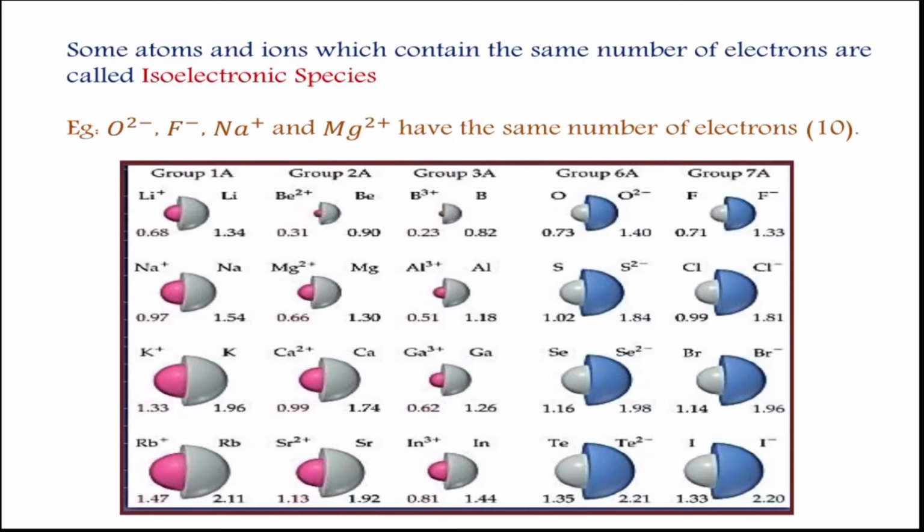Now if you look at the ionic sizes, you can see that cations are actually smaller as compared to the neutral atoms, and in the case of anions, the ionic size is much bigger, much greater than the neutral elements.